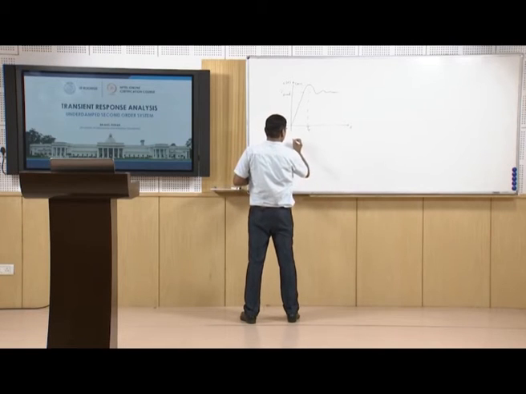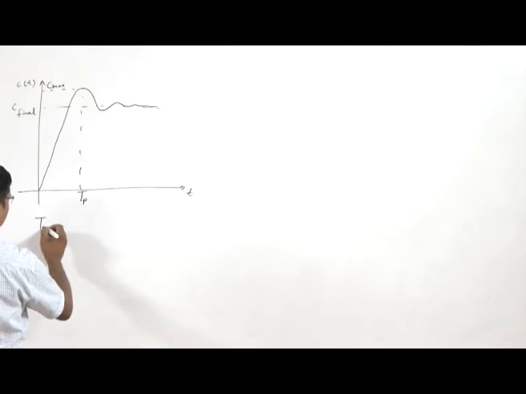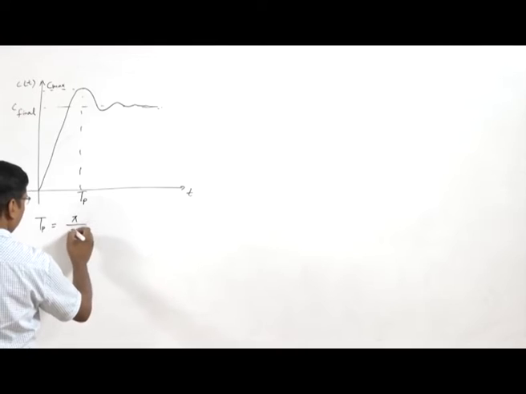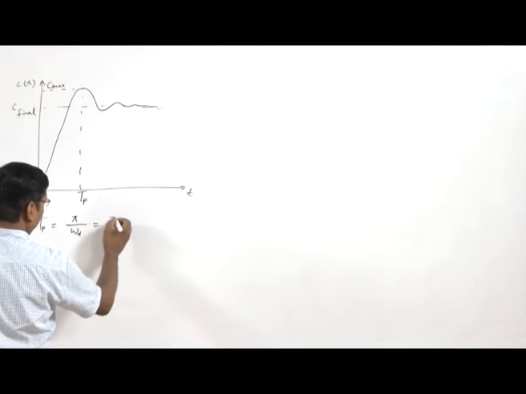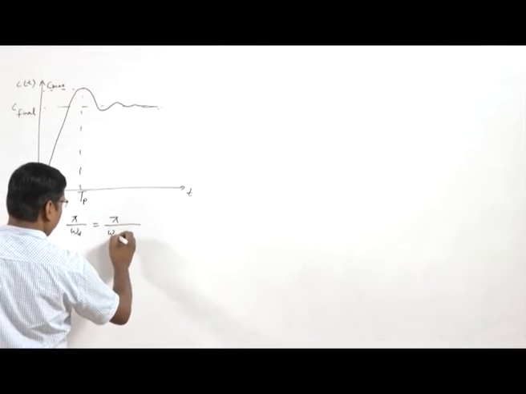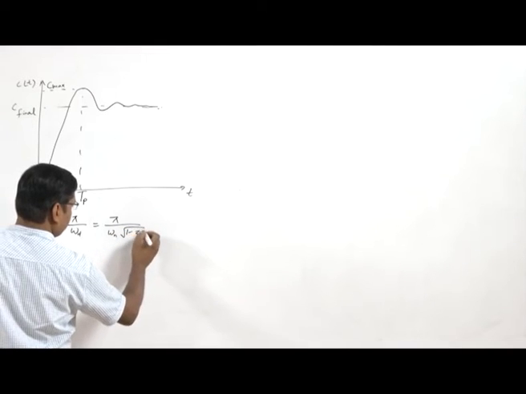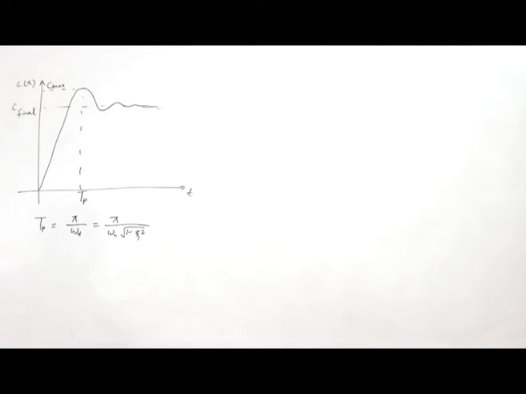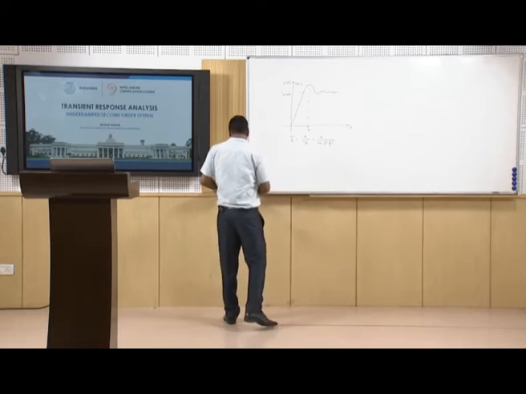So we find the peak time equal to pi upon omega d, or pi upon omega n root 1 minus zeta square, where zeta is the damping ratio and omega n is the natural frequency.